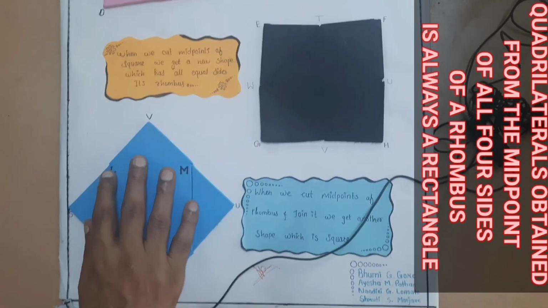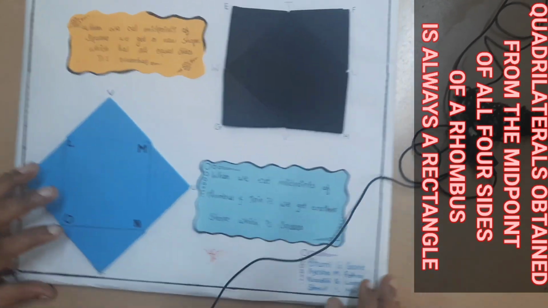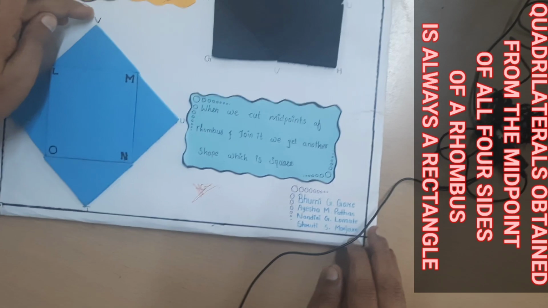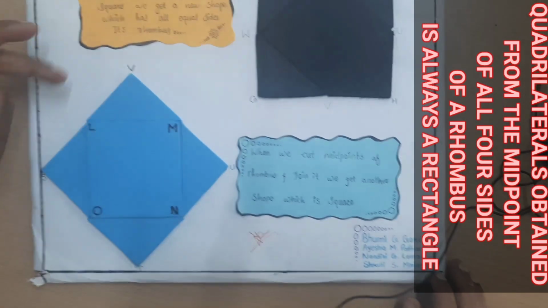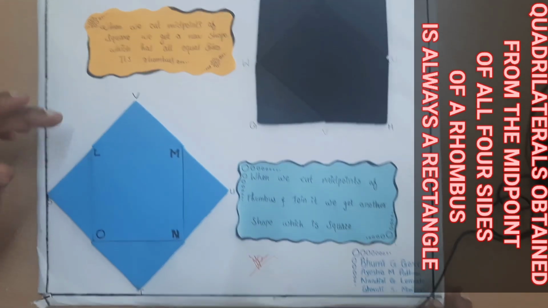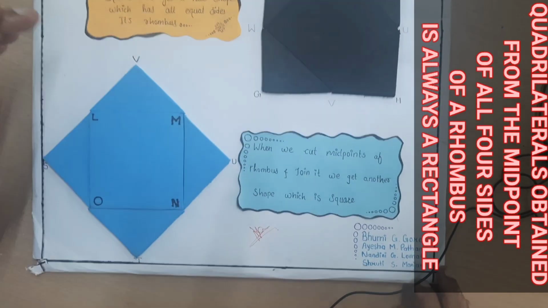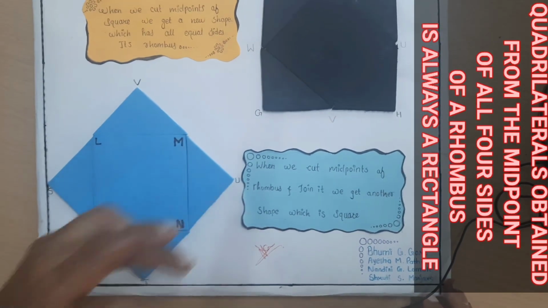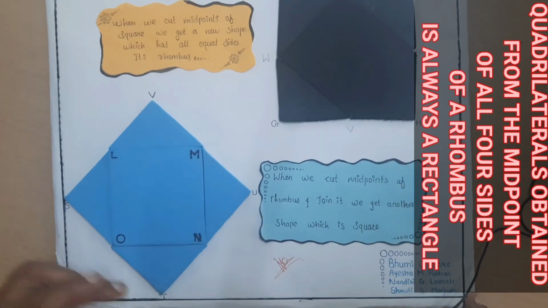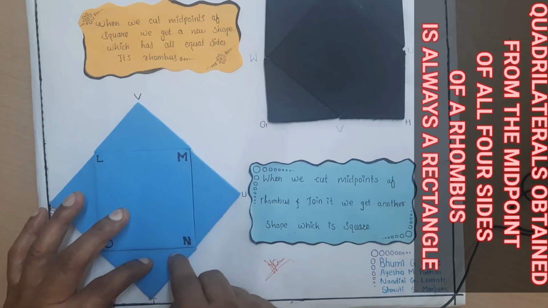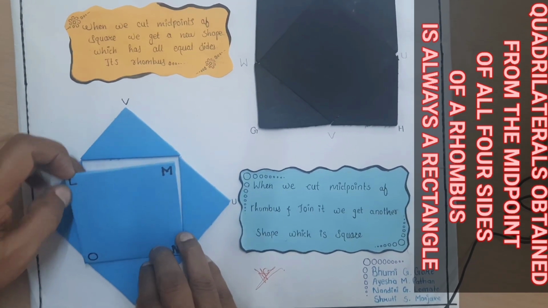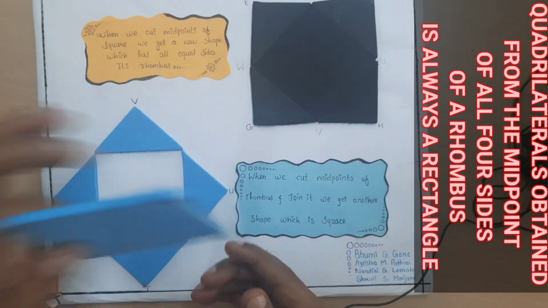Only what she wants to explain here is, she has taken a rhombus. The name of that rhombus is VUTS. She has marked L as the midpoint of TS, M as the midpoint of VU, N as the midpoint of UT, and ST midpoint is O. Now when she is joining the midpoints, she is going to get a square here.